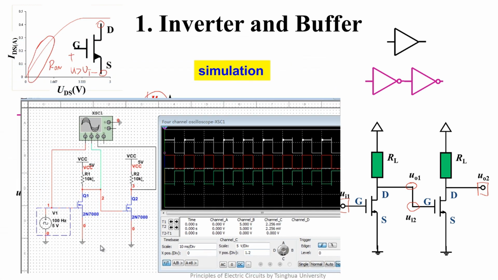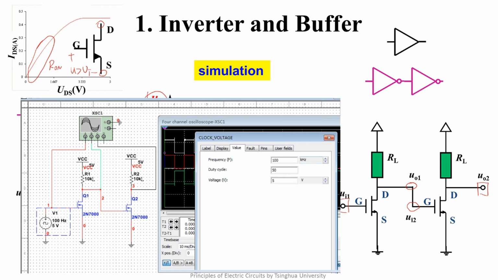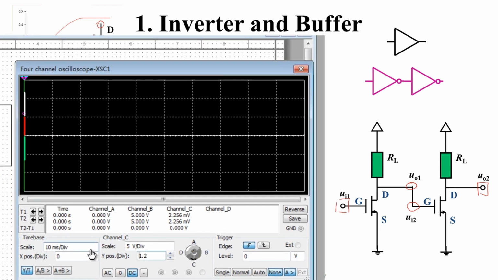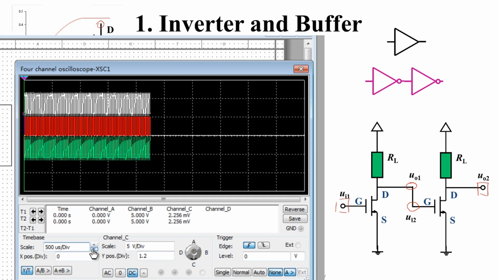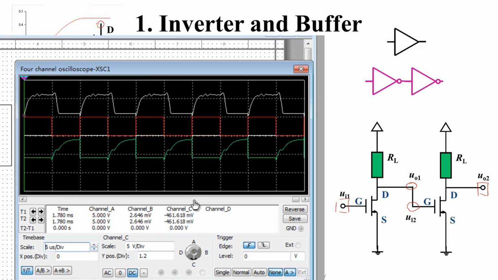What will happen if the input signal's frequency is 100,000 Hz? Let's run the simulation. Adjust the time base smaller than before. You can see that the red line represents the input, the green line represents the first stage output, and the white line represents the second stage output.